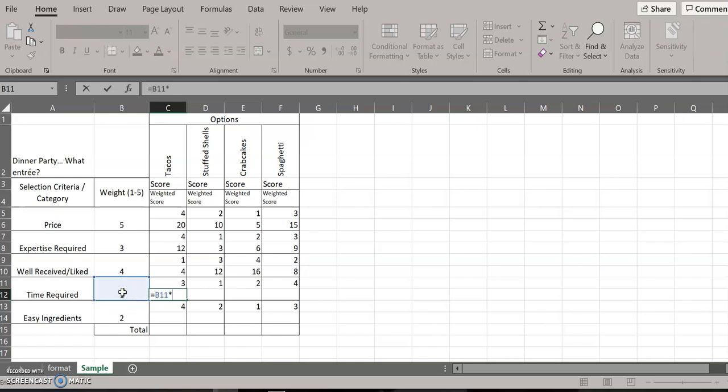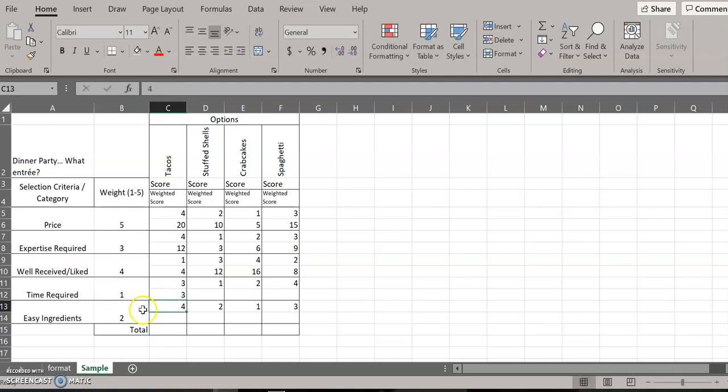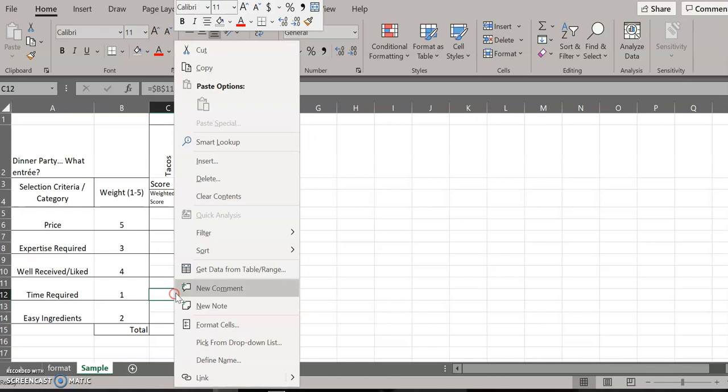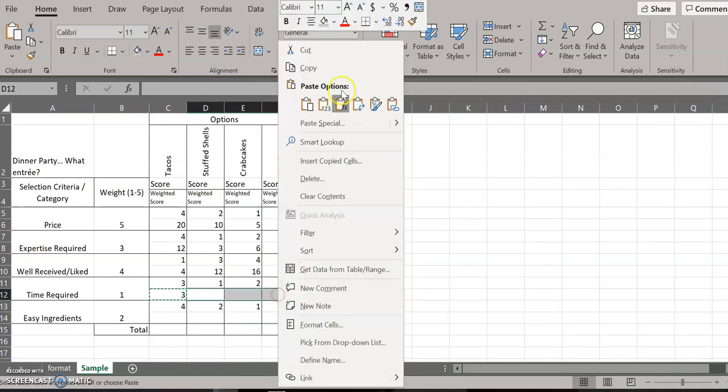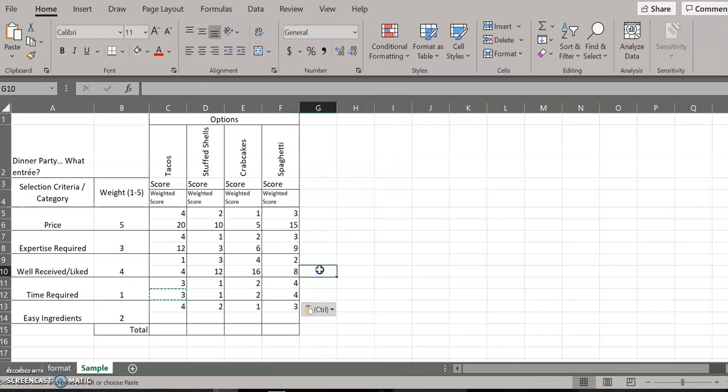This one times that one, dollar signs, and copy and paste. And I'm just checking my calculations as I go just to make sure that we are good, and it looks like everything is looking okay.